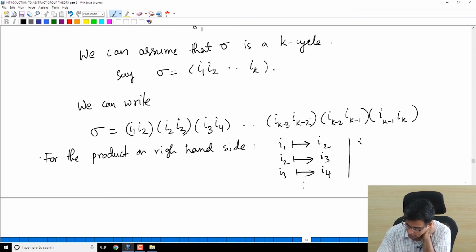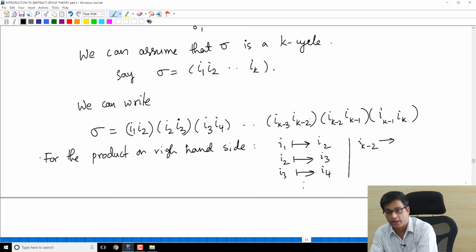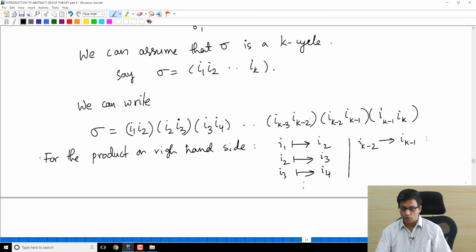What happens to i_k-2? I_k-2 goes to i_k-1. The first one on the right doesn't involve i_k-2. The second one does, so i_k-2 goes to i_k-1. But then i_k-1 doesn't appear again anywhere else. The point of this decomposition is that each index appears exactly twice except i1 and i_k.